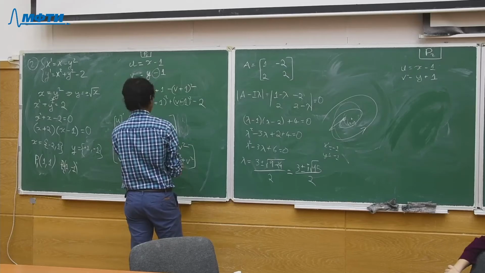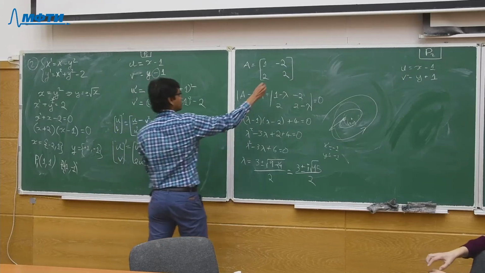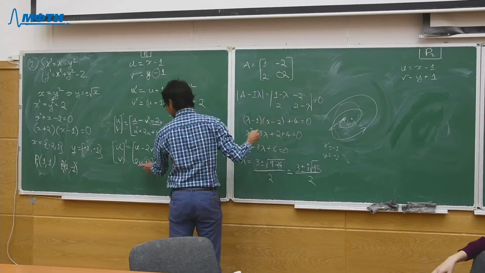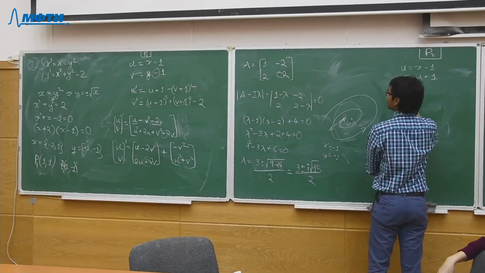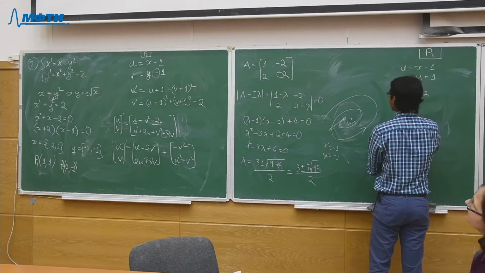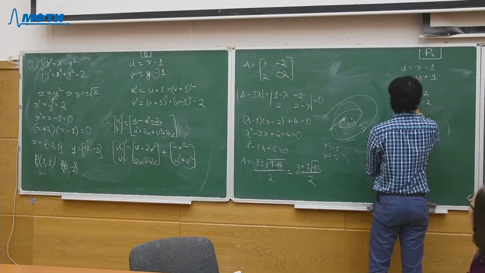So only this becomes changed. Minus, yes, it will be minus. So the matrix is 1 minus 2. Yes, you're right.